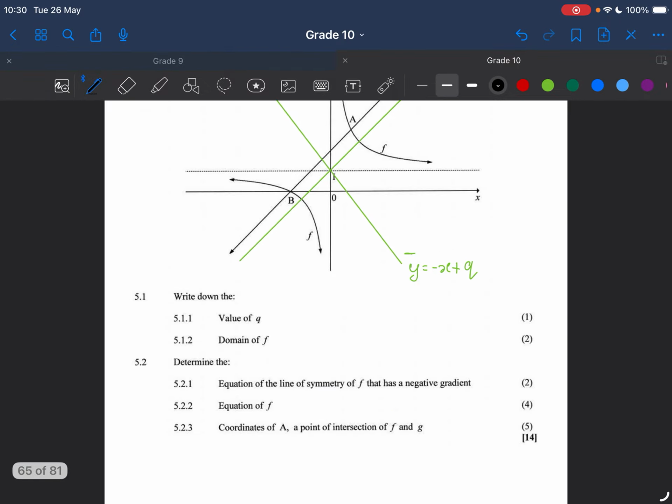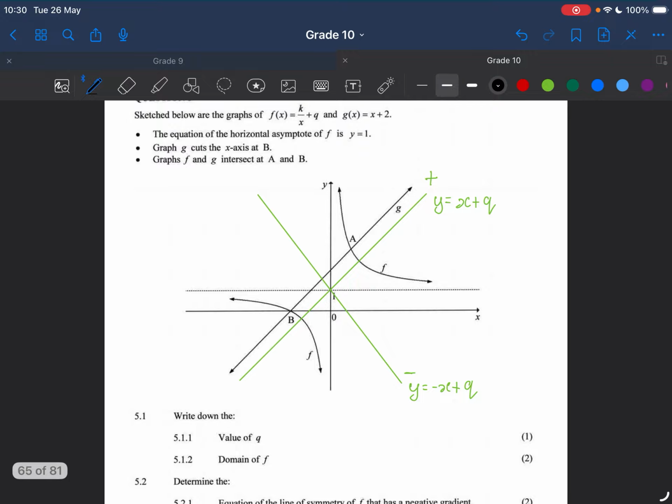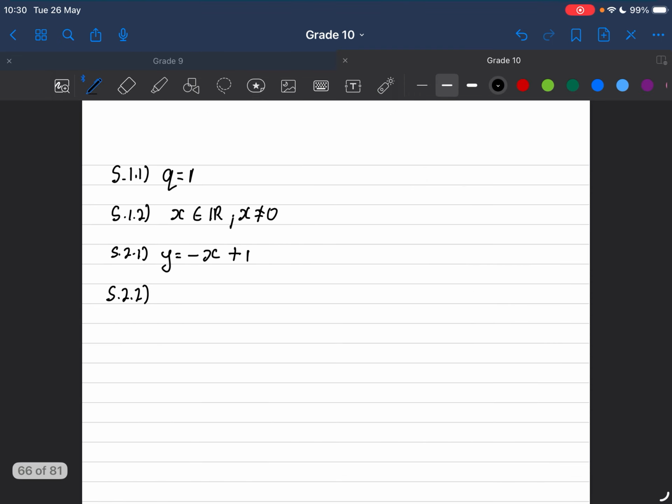5.2.2, the equation of f. So here's our graph of f. There's the equation. f of x is equal to k over x plus q. Now we know the q value is 1, so let's fill that in.